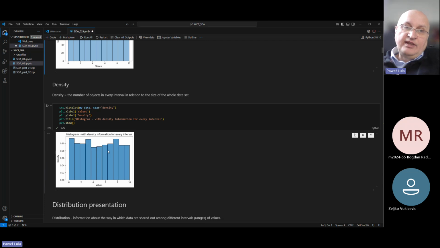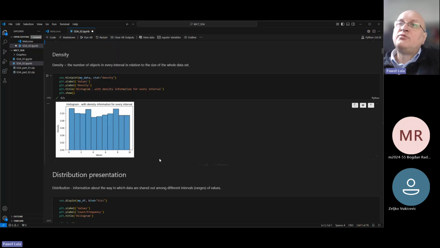Density is a very important feature, characteristic, which we use when we want to describe the distribution of random variables.